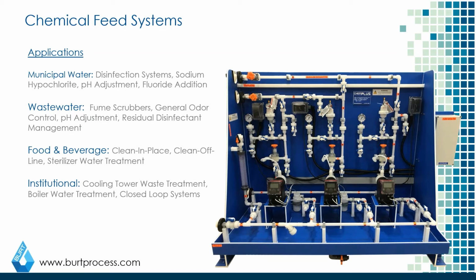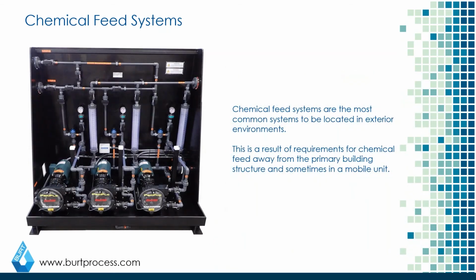There are a lot of different variables that come into chemical feed just based on the nature of what these systems are. And a leak or some kind of environmental impact can be quite catastrophic for the site from an environmental standpoint, which is why these systems are one of the most common systems located in exterior environments and need to be containerized.